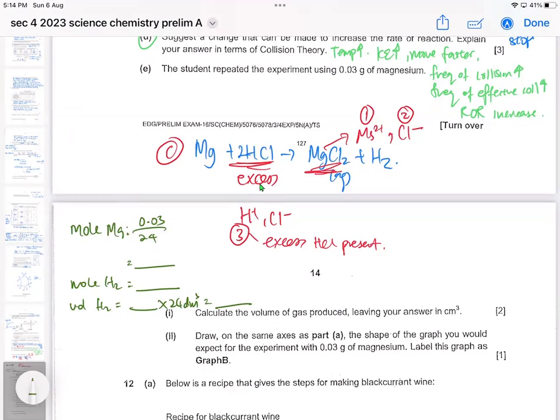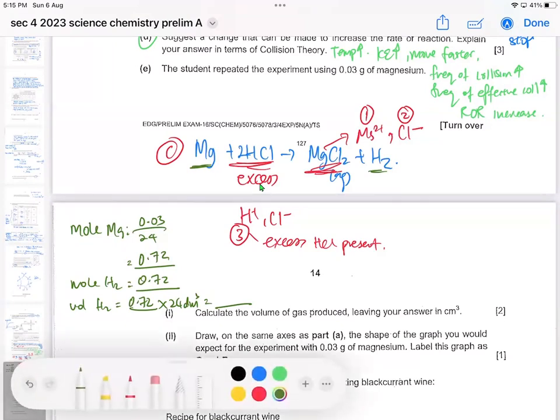So numerically, I have 0.72 moles of magnesium. Ratio is 1:1, so this is also 0.72. Then we multiply by 24 dm cubed. Wait, I think I got something wrong. Okay, my moles are all wrong.